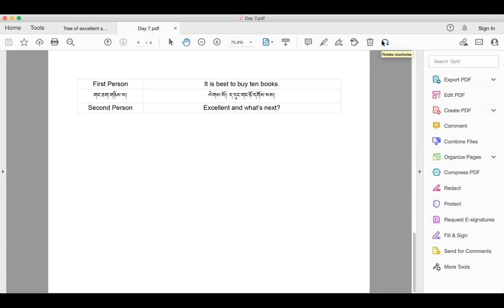So everything is the same. The only difference is the particle. Either you say khatu or khangtu, which means when. So this particular sentence means, when is the birthday of His Holiness the 14th Dalai Lama?